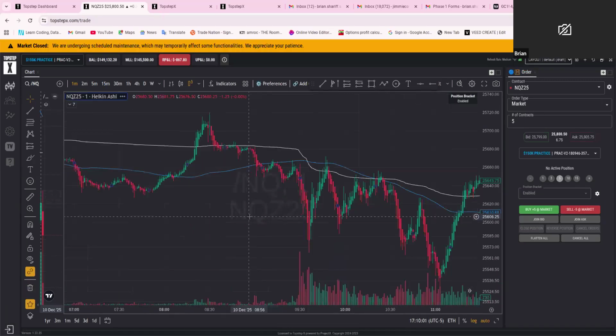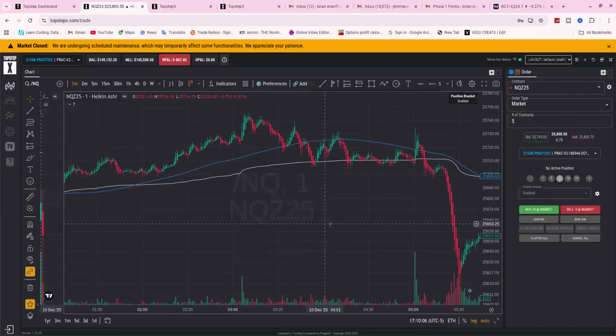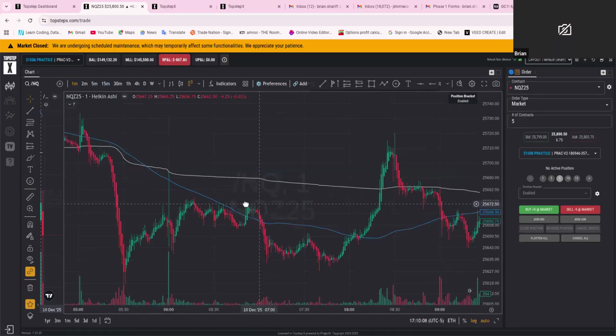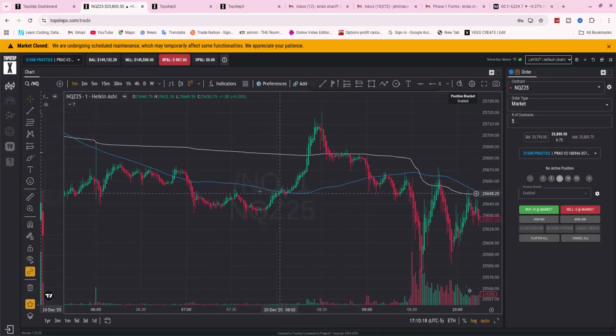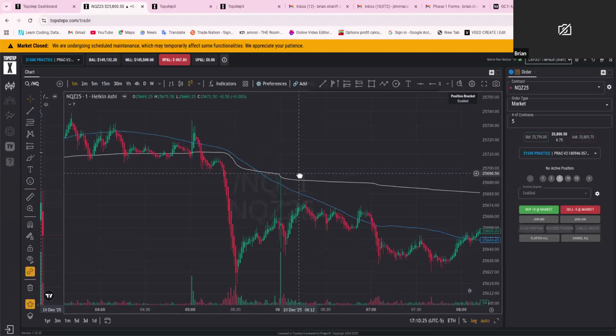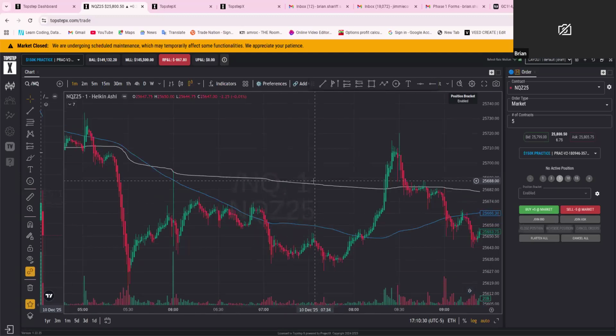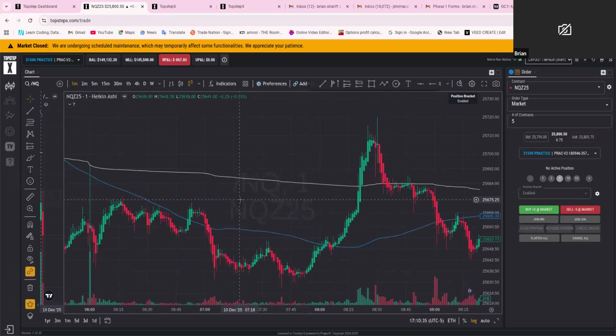First thing in the morning, I'm on the computer around 7 to 8 o'clock, and I'm plotting my levels on my chart. You can see that I have the VWAP here and the 100 EMA. I took 2 trades today. I lost one, and I won one. I've just been fooling around on my practice account.